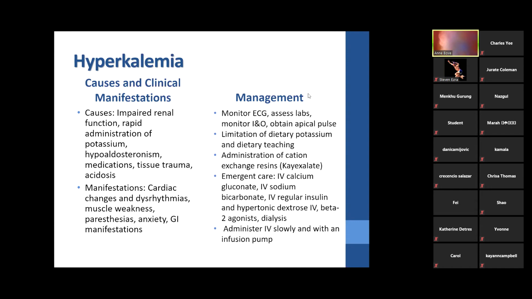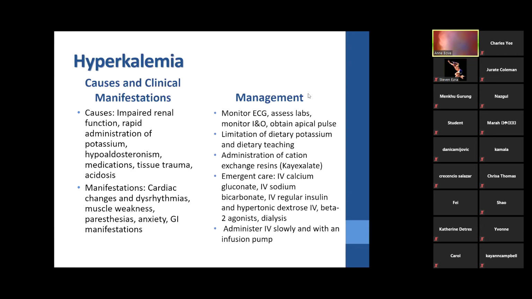Also, in terms of other things that you might see used emergently, is 50% dextrose, D50, which is 50 cc's, and 10 units of regular insulin, IV push. And once again, the potassium will bind with the glucose, and now the insulin will carry it into the cell.